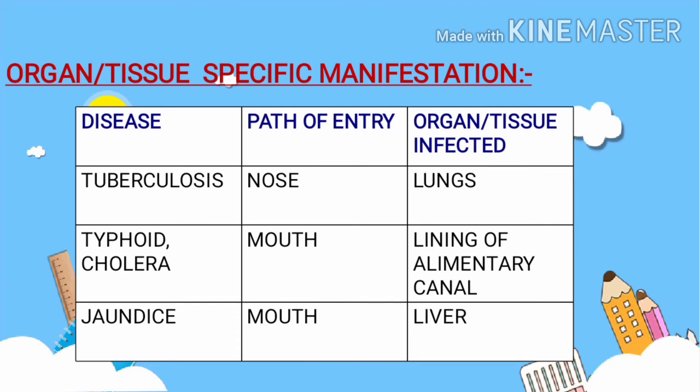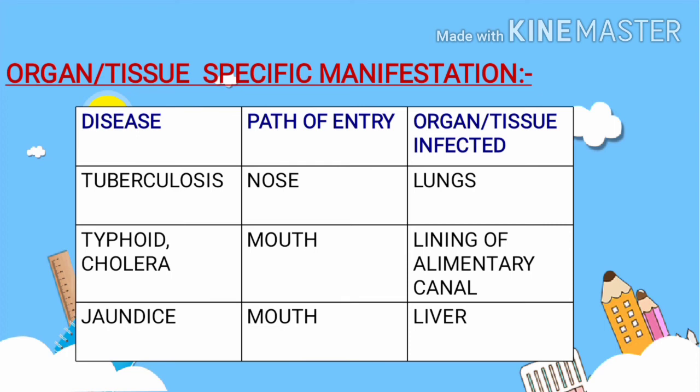Let's see few examples. Germs of tuberculosis enter through nose and affect the lungs. Now we can see here that both nose and lungs are the part of same breathing system.